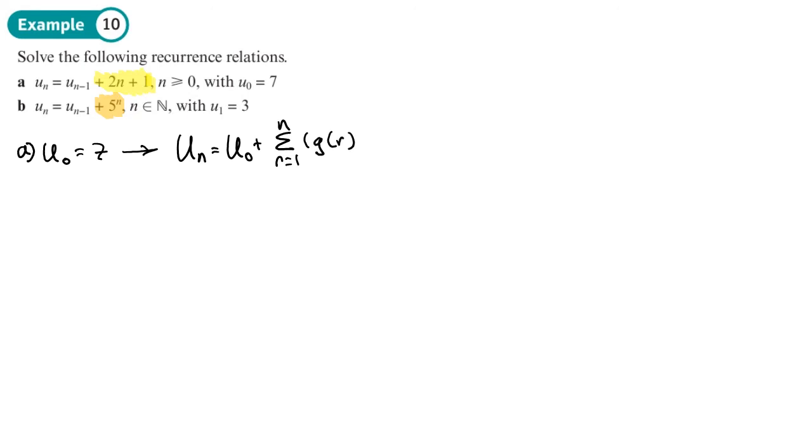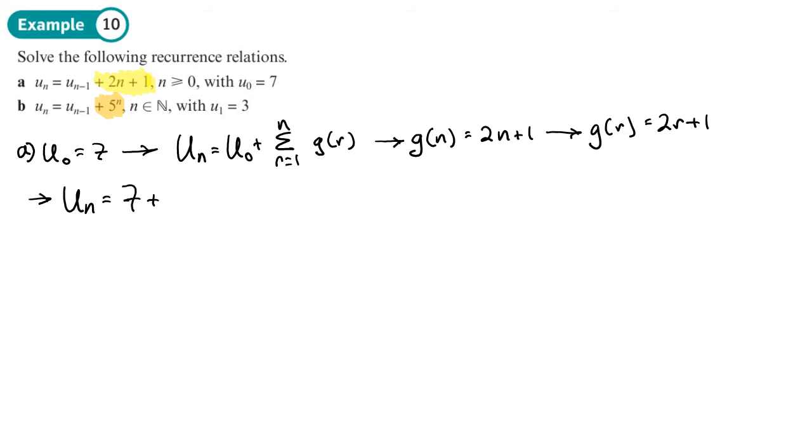Now in this question we have g of n is 2n plus 1, so that means that g of r is going to be 2r plus 1. So our general solution is going to be u0, which is 7, plus the sum of 2r plus 1 from r equals 1 to n.